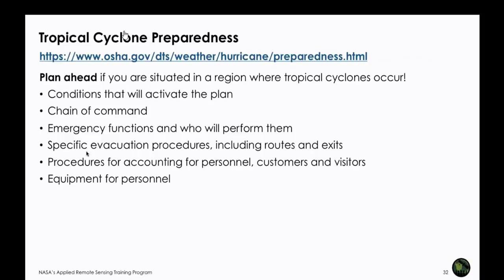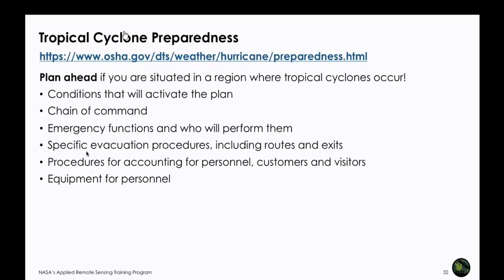So tropical cyclone preparedness, so planning ahead, that means the plan has to be in place, so you have to know the conditions when the plan comes into action. So that depends on data or past experiences. Also, what has to be decided is the sequence of decisions to make or chain of command, what to do after what, emergency functions and who will perform what.